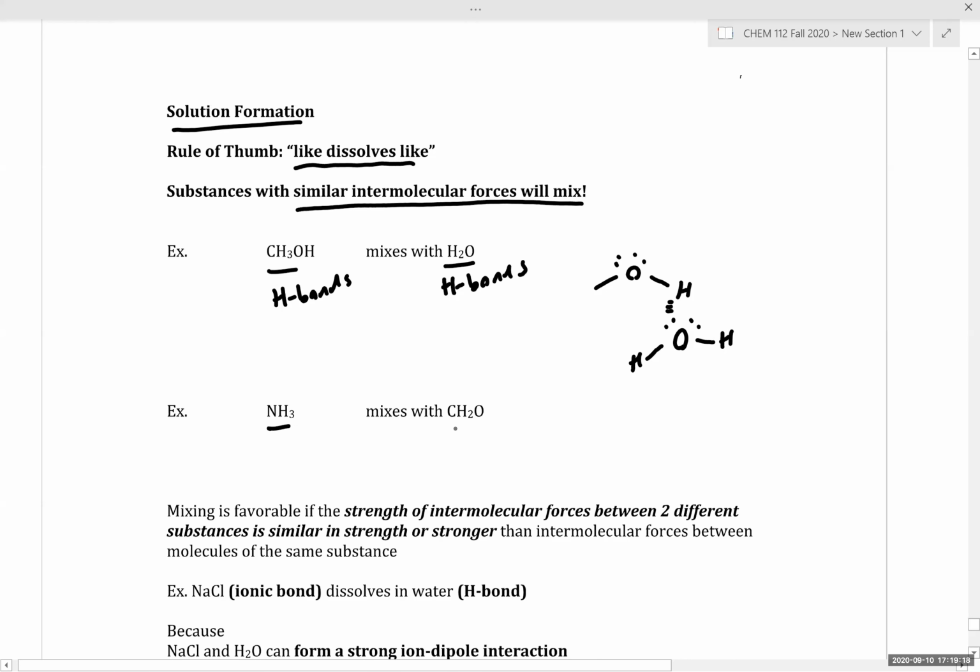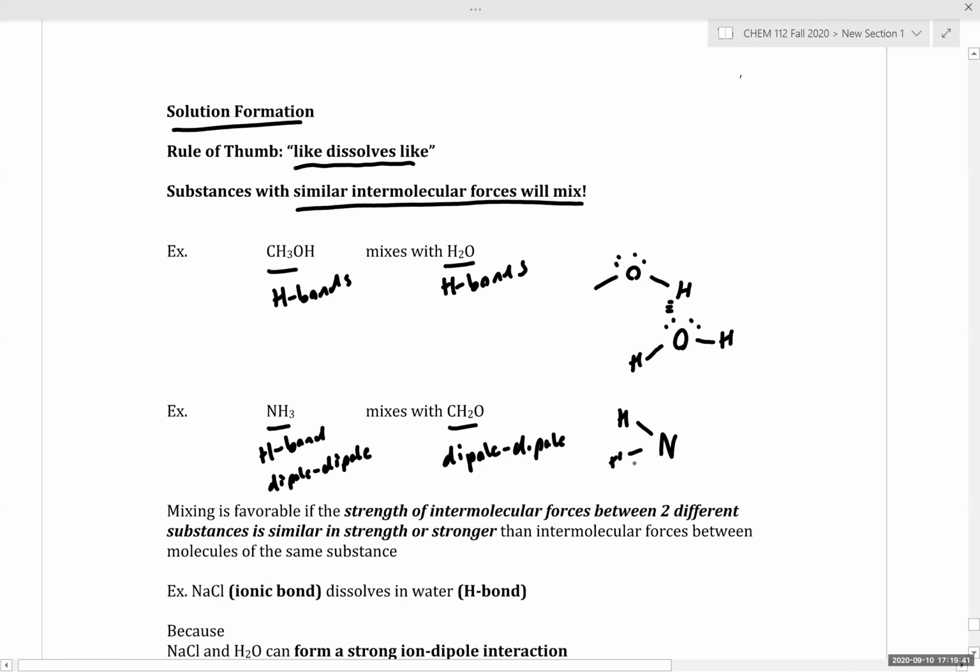Likewise, ammonia can mix with formaldehyde because we have both hydrogen bonding and dipole-dipole interactions, while formaldehyde can only engage in dipole-dipole interactions.